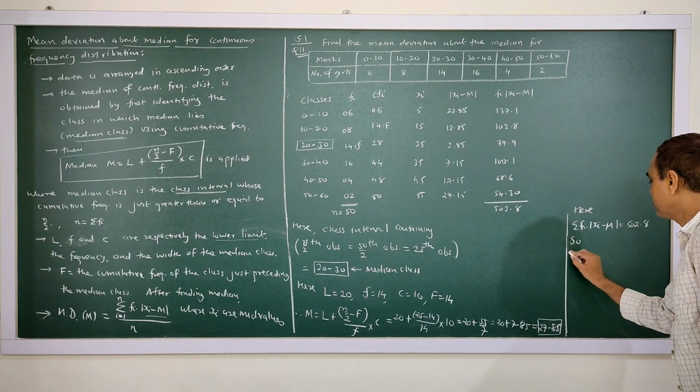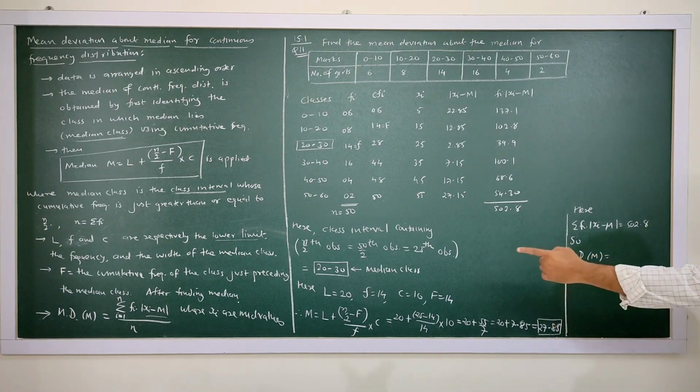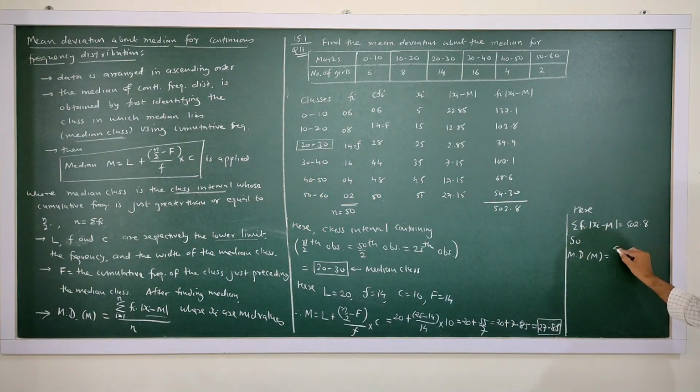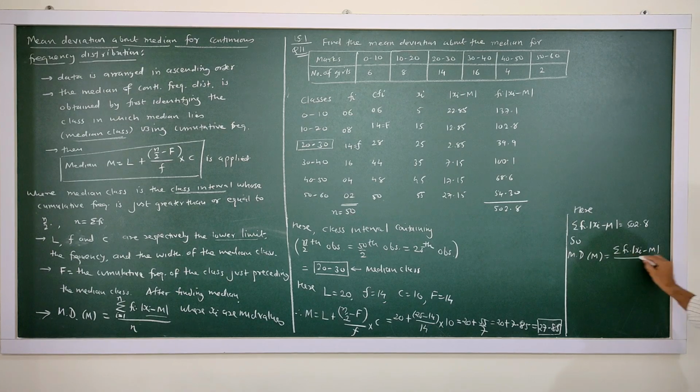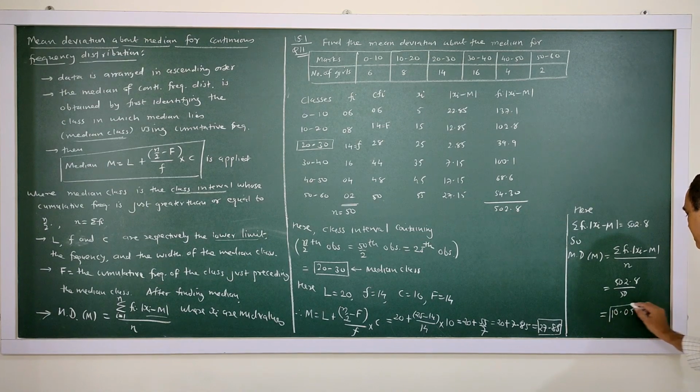So the mean deviation about the median, putting in this formula, is sigma fi into modulus xi minus m upon n, which is 502.8 divided by 50. So this is equal to 10.056. This is the mean deviation about the median.